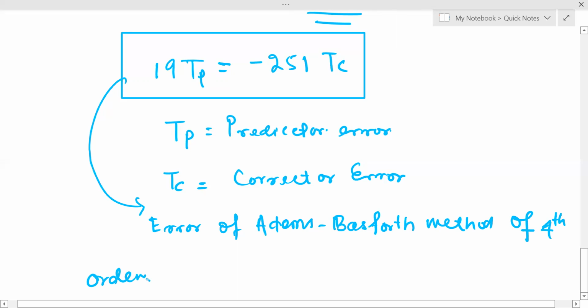So 19 TP is equal to minus 251 TC. That is called also the one error of the Adams-Bashforth method of order fifth.